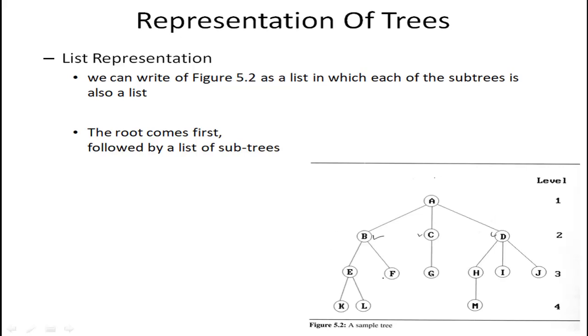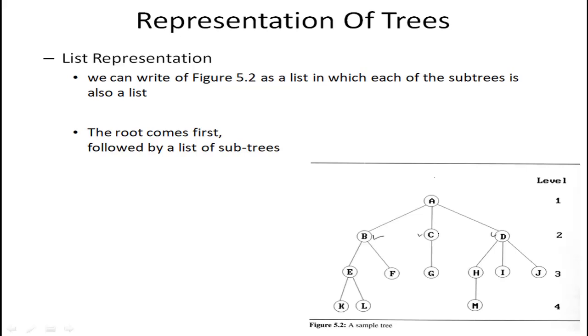So this is one hierarchical representation which we have already discussed in the previous video, along with some other terminologies like A is called the parent node for B, E and F are children of node B, B and C are siblings.